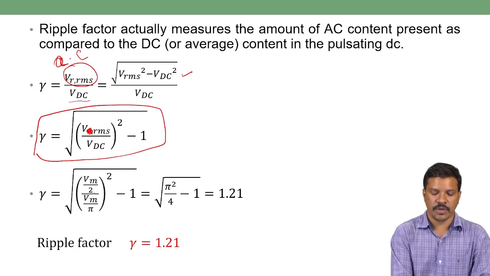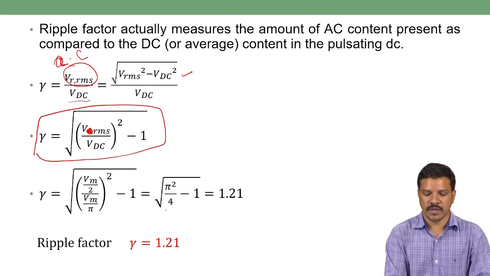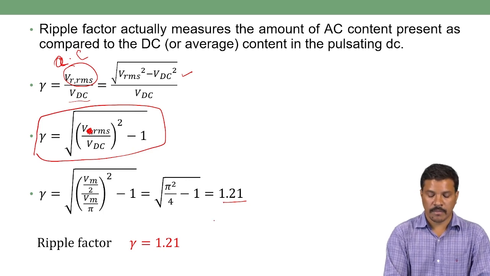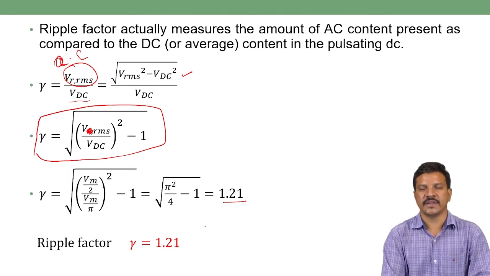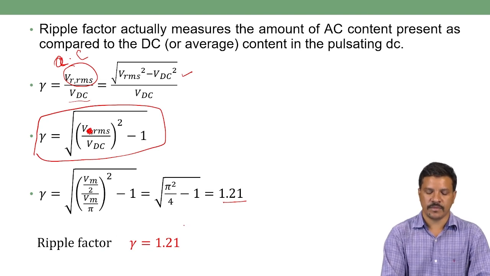Substitute Vm by 2 in VRMS and Vm by pi in VDC, and solve this square root equation. Then you will get square root of (pi square by 4 minus 1), which is equivalent to 1.21. When represented in percentage, it is equal to 121% of AC component, or 1.21 AC component value will be there in the rectified output.